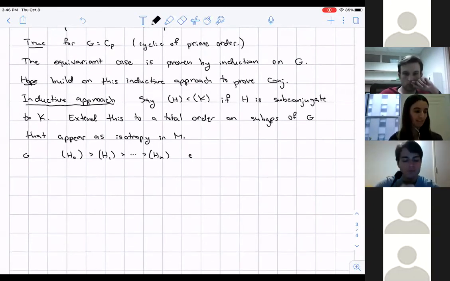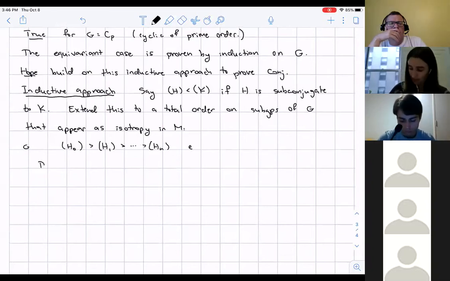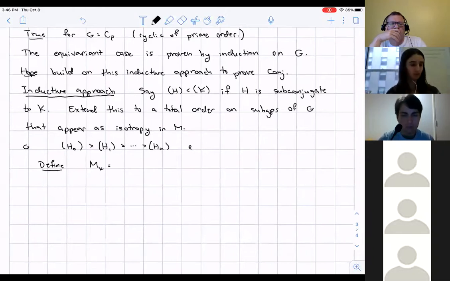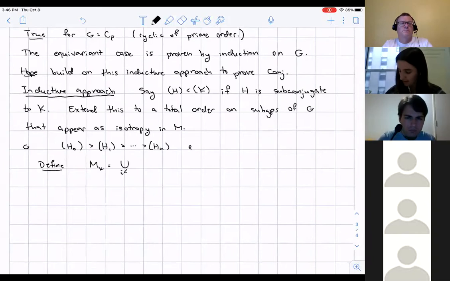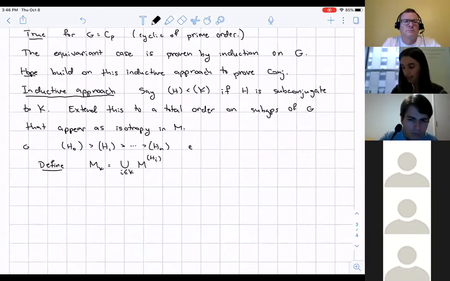But anyway, then you can define a way of building up your manifolds inductively from the fixed submanifolds for all these groups. So M_k is all of the M^{H_i} for i less than or equal to k.